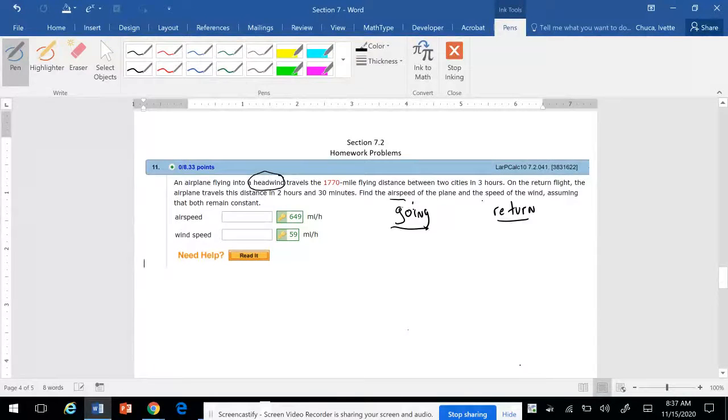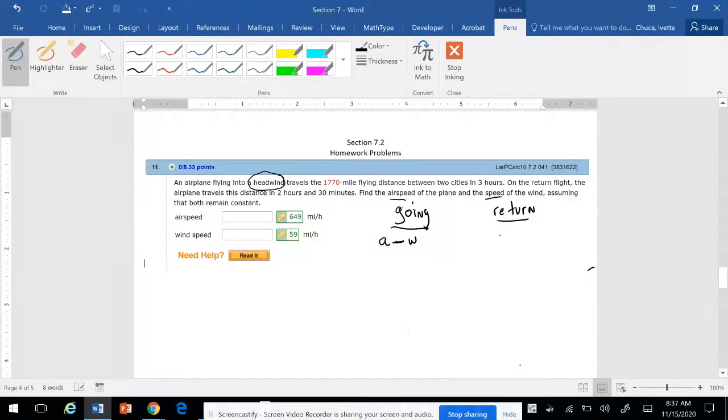And then we're going to use airspeed and speed. We can use A for airspeed and S for speed. And so for the airspeed, let's call that A. And if you're traveling against the wind, that means it's going to be harder. So we're going to subtract the speed of the wind. So I'll get A minus W.